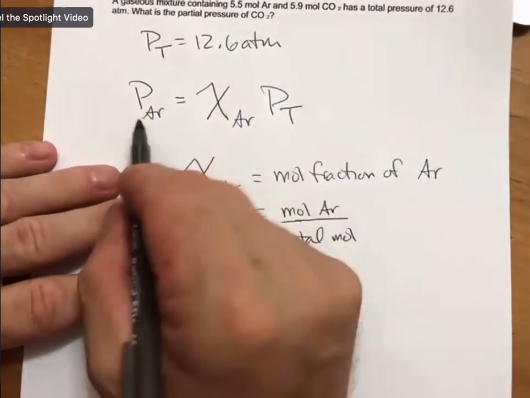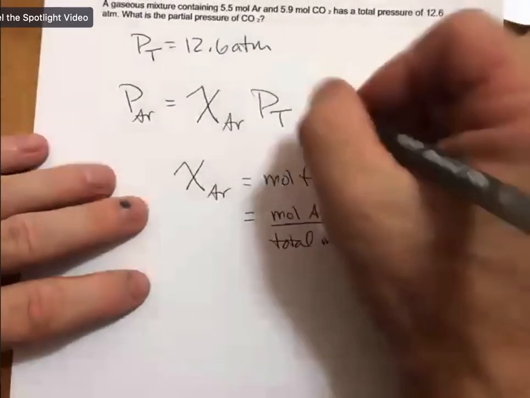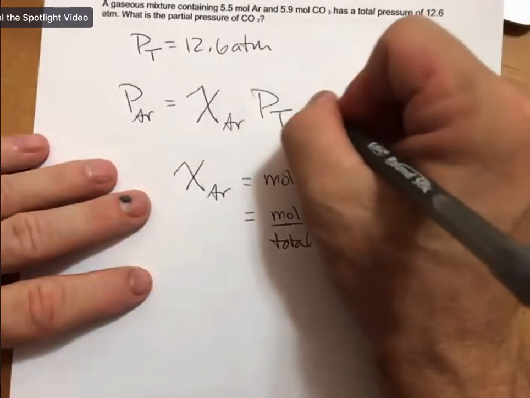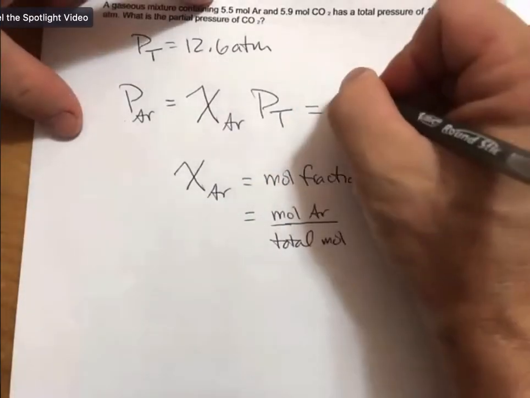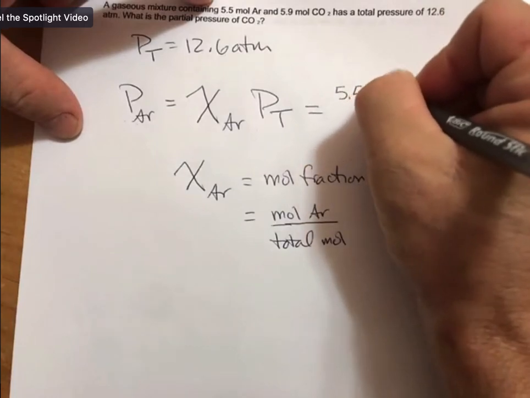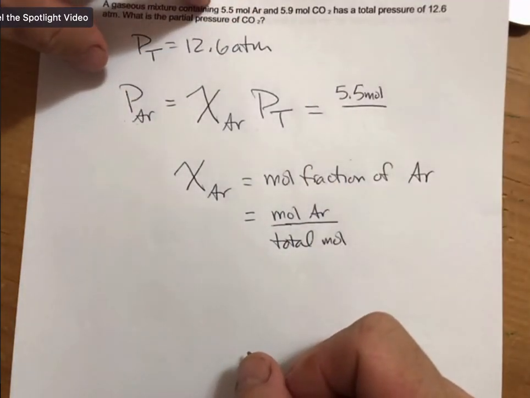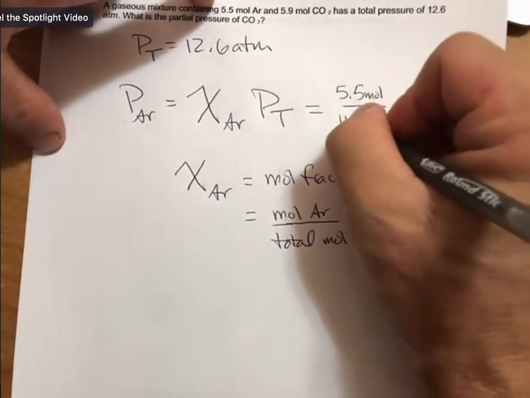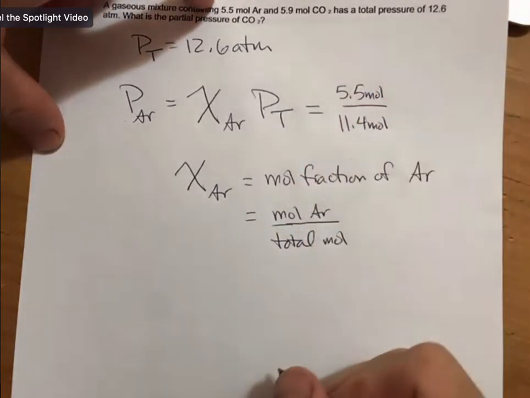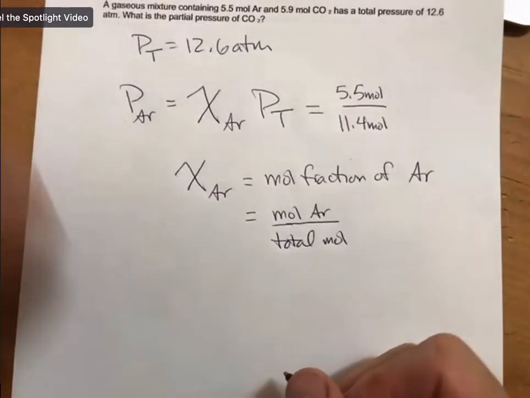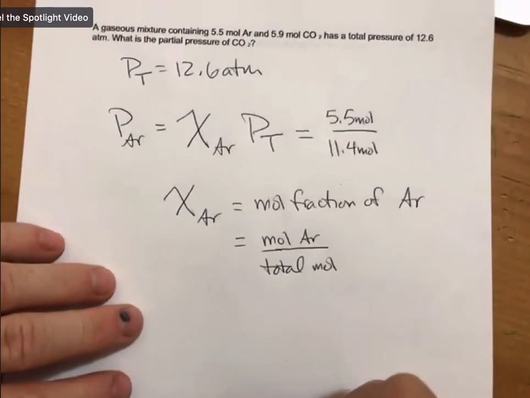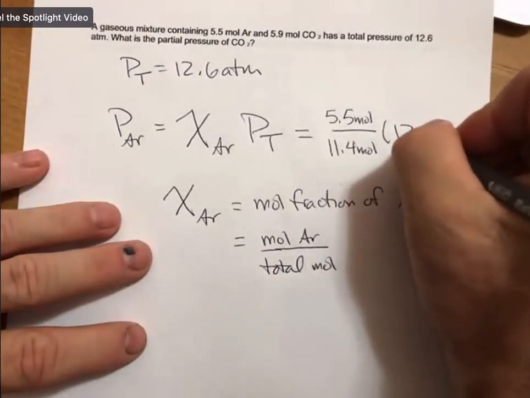So that means my partial pressure of argon is going to be equal to my moles of argon over my total moles. So adding these up, I get 11.4 moles total, where I've just added these two numbers, 5.5 plus 5.9, times my 12.6 atmospheres.